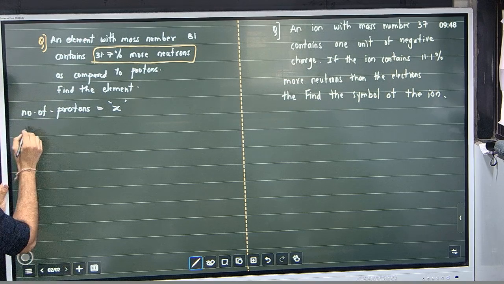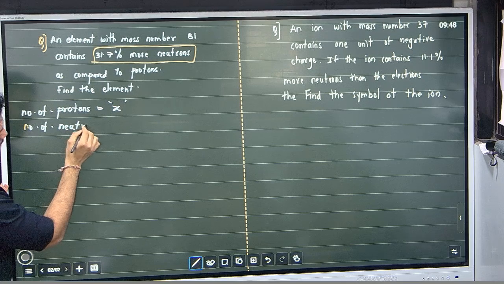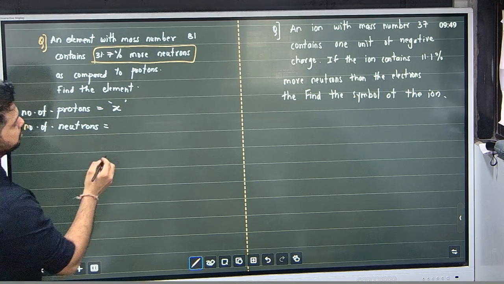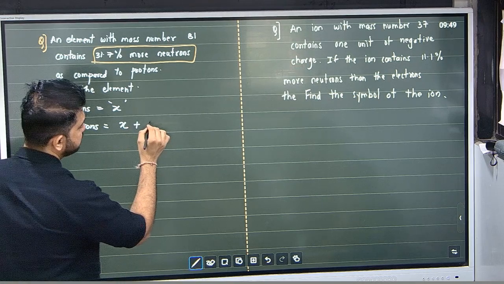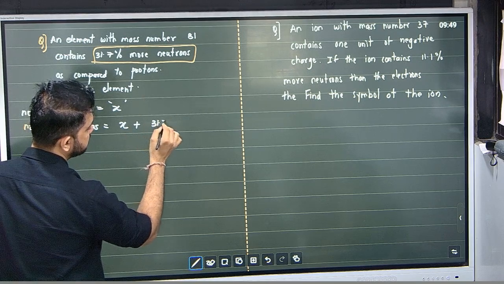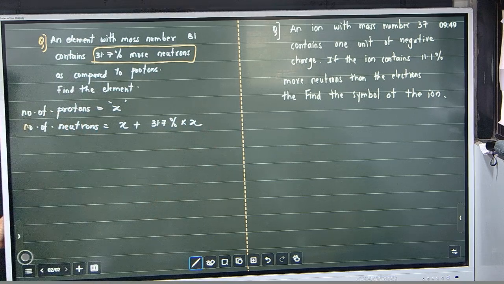So the number of neutrons, how much did it become, people? x plus 31.7% of x. I don't know if people are getting that.